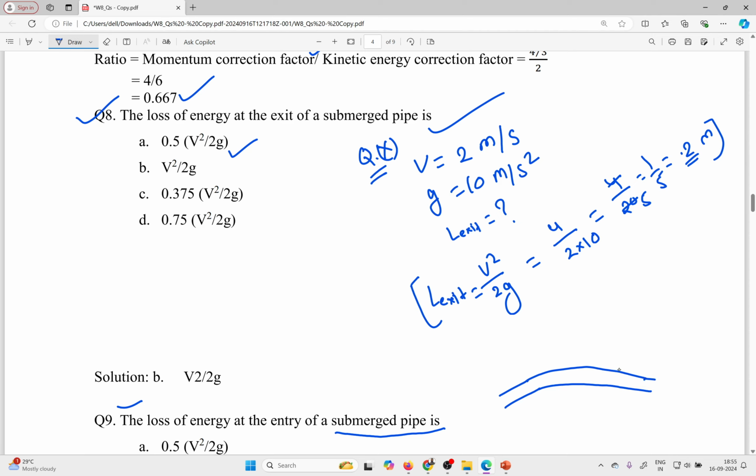This side also submerged, this side also submerged. So this is your entry and this is your exit. So here is your exit loss, and here is your entry loss.